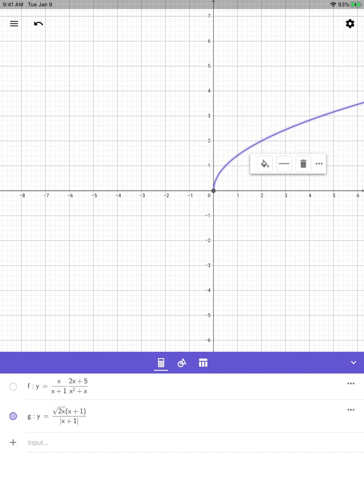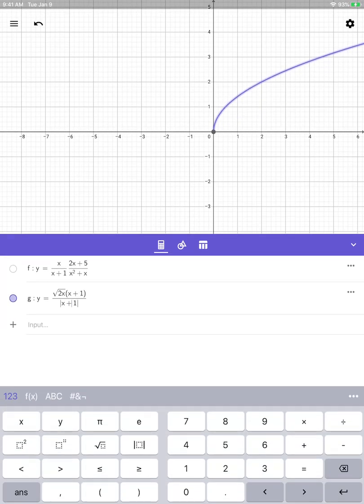Well, and this one just kind of draws a graph, so that's not ideal. So none of this is working the way I want to do right now.